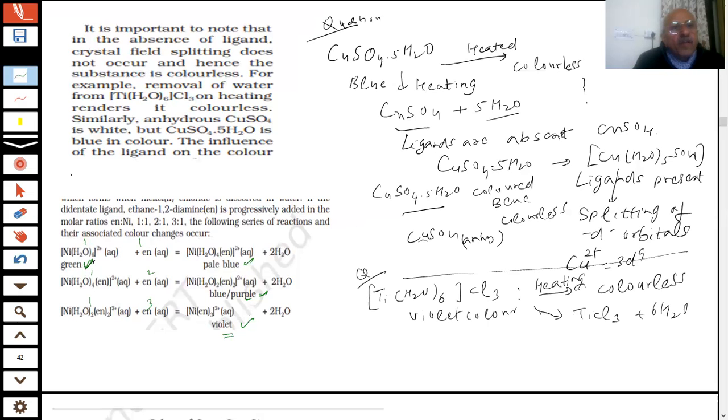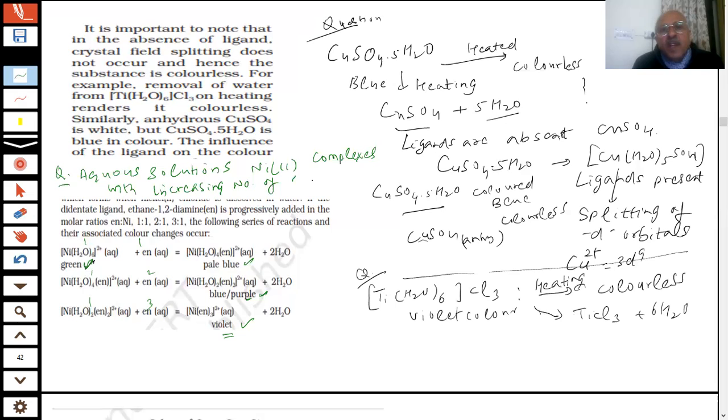Question: in aqueous solutions of nickel 2 complexes with increasing number of en ligands, the color changes. Explain.